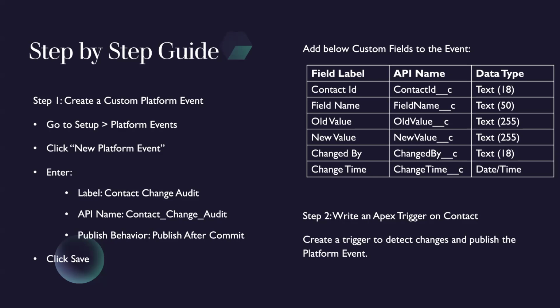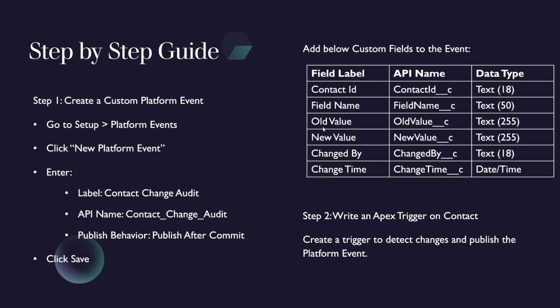So for example, let's say whenever I update my email ID on the contact, that should get synced into the external system. So I can capture that in the field name field which I create on this particular event.